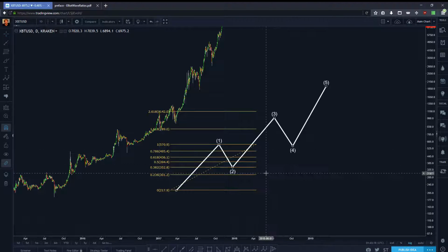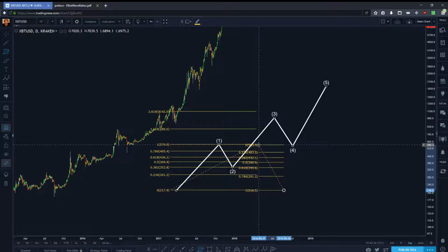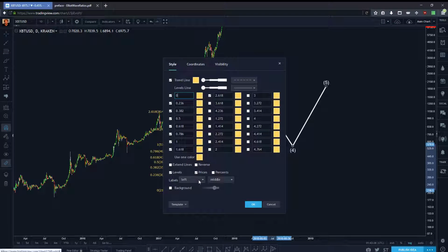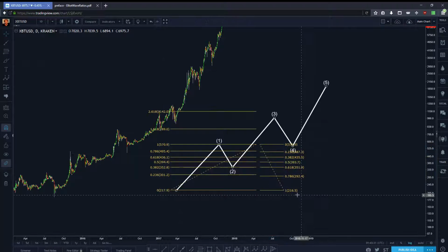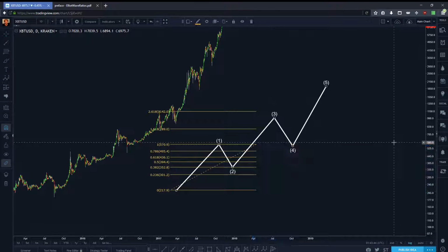And just for demonstration, I'll draw this here just to show you. I'll just put these prices to the right. So the 0.618 on this side is the 0.382 on this side. The 0.5 is the 0.5 on both. Hopefully that speeds things up for you guys. So I'll leave that there.